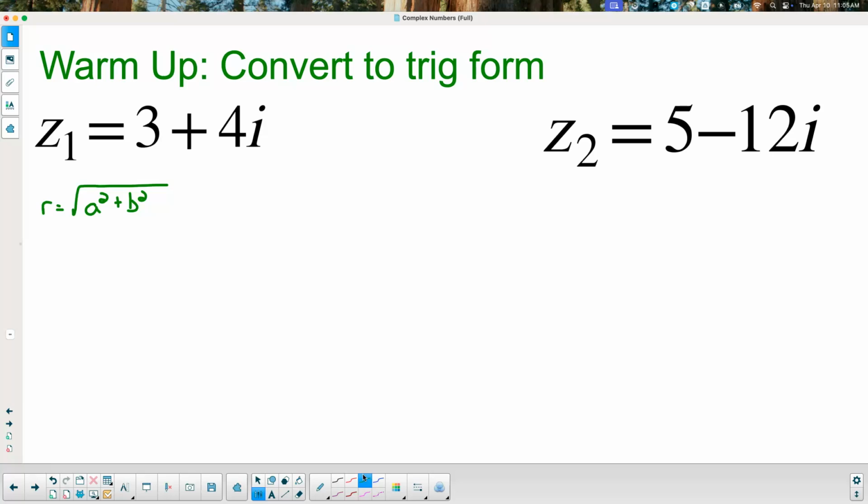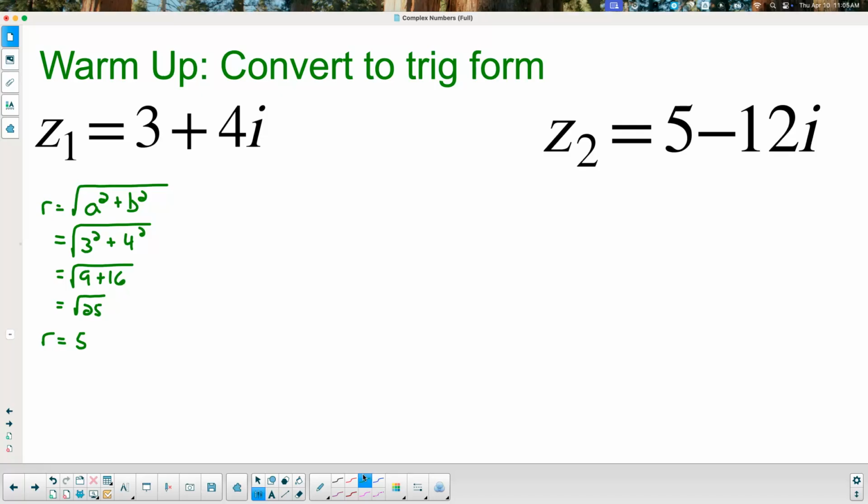So this would be 3 squared plus 4 squared, which is 9 plus 16, which is 25. The square root of 25 is 5. So my R value for this one is 5.